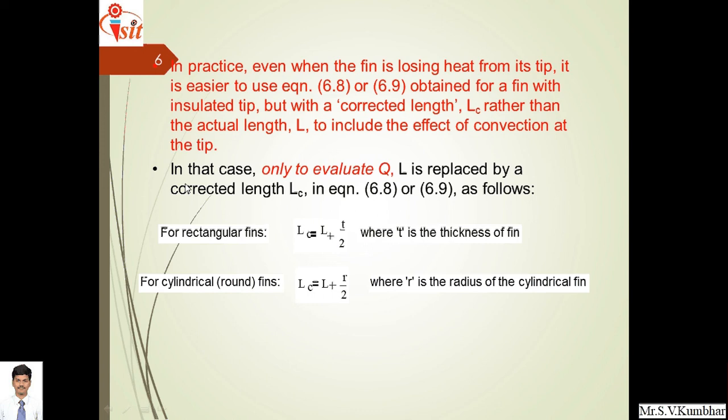That is, to evaluate Q, L is replaced by its corrected length Lc, and for a rectangular fin, corrected length Lc is equal to L plus t by 2, where t is the thickness of the fin. For a cylindrical, that is round fin or pin fin, corrected length Lc is equal to L plus r by 2. While solving numericals, we will require these basic concepts.